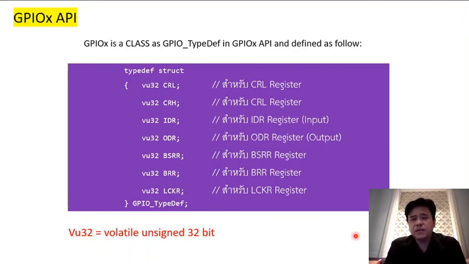Then by using GPIO TypeDef, we can access every single register that belongs to the GPIO that we are concerned with. In this case, if you just do GPIOA, then you have the structure for the whole GPIOA. So as we know, we have a register called CRL. We have the register called CRH, right? And we have the register called ODR that we used last time.